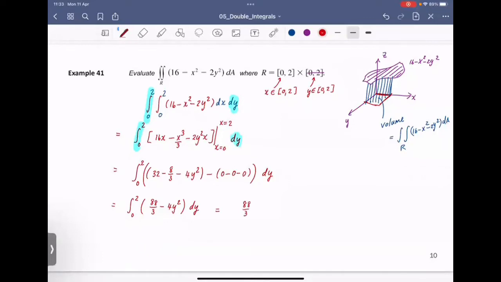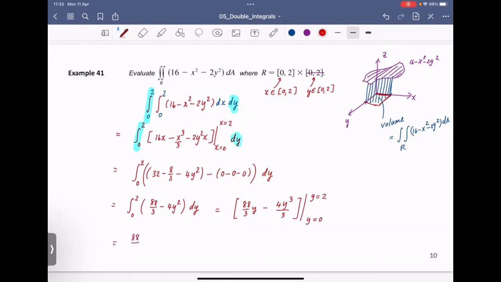88 over 3, you integrate with respect to y, so you get 88 over 3 y, and then 4y squared, so you're gonna get 4y cubed over 3, and then you evaluate at y equal to 2 minus at y equal to 0.